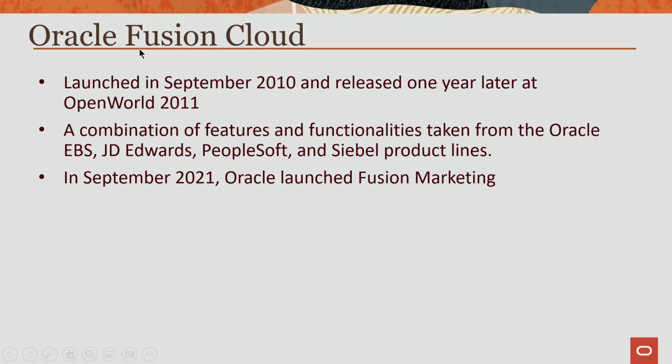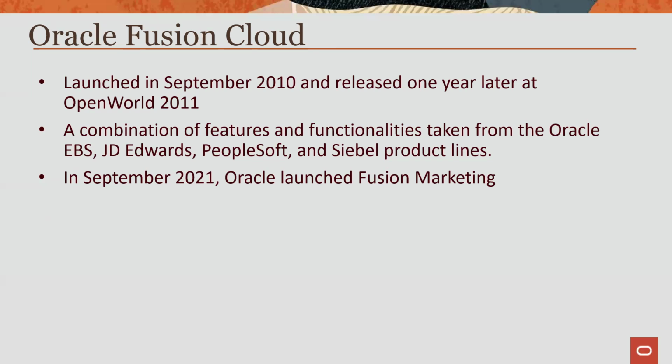This Fusion Cloud is the name of an enterprise application product, right? Oracle Fusion Cloud has CRM products, ERP products, supply chain management, HCM, human capital management, then EPM, enterprise performance management, analytics, everything. All will be under Oracle Fusion Cloud.